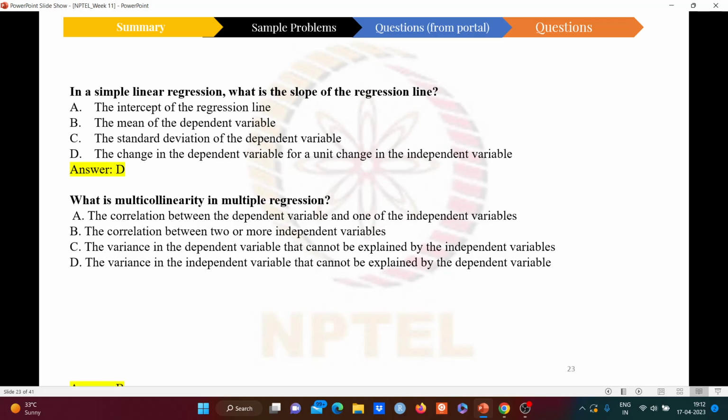Yeah, this is the correlation between two or more independent variables or features.